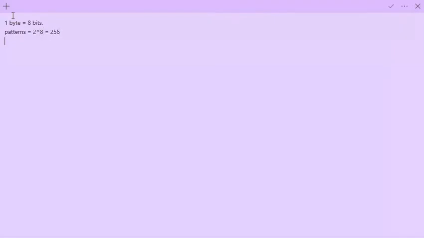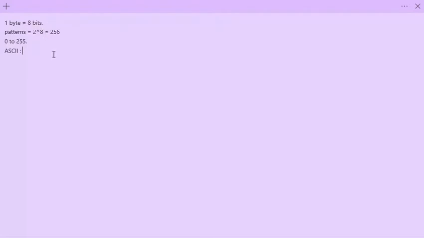So if we start with 0, the range would be 0 to 255. Simple. And yes, this range is used by ASCII, and in ASCII each number is stored in 1 byte, because 0 is 1 byte, 1 is 1 byte, 2 is 1 byte, 3 is 1 byte. So it is a group of 8 bits.